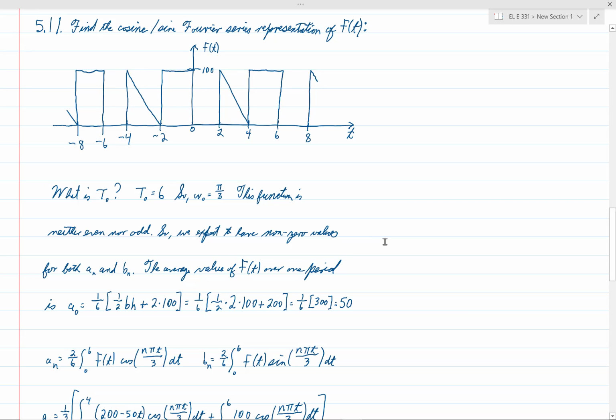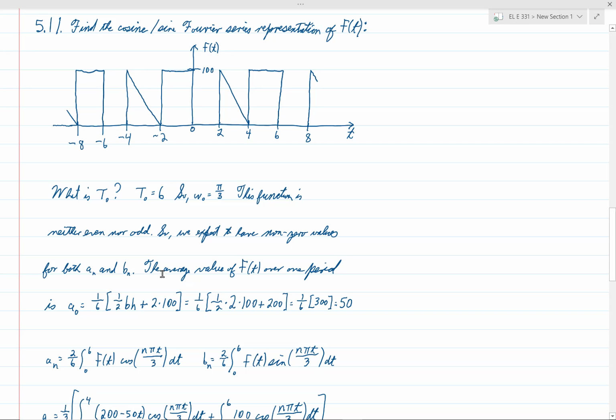Now, what about the average value of f of t? Well, fortunately, we're going to be able to find that pretty easily. Remember that a naught is 1/6 times the integral of f of t over one period. The integral of f over this period is just the area of this triangle plus the area of this rectangle.